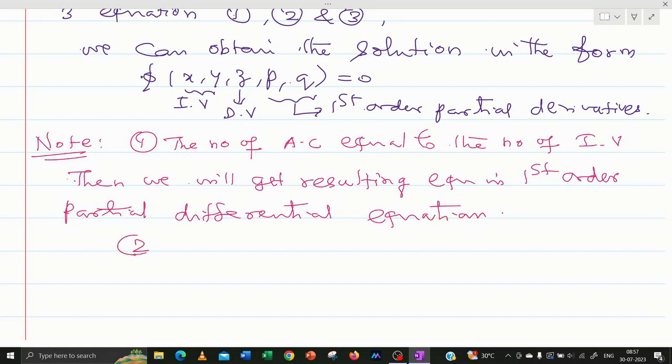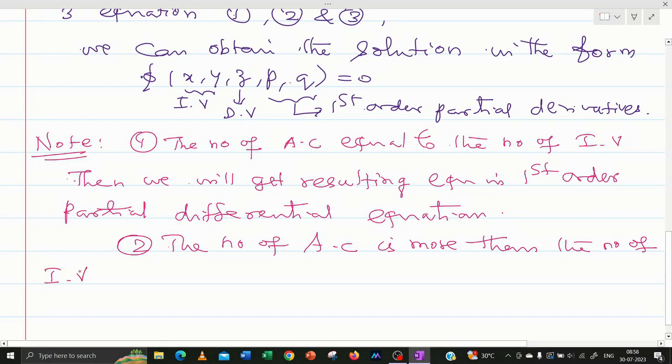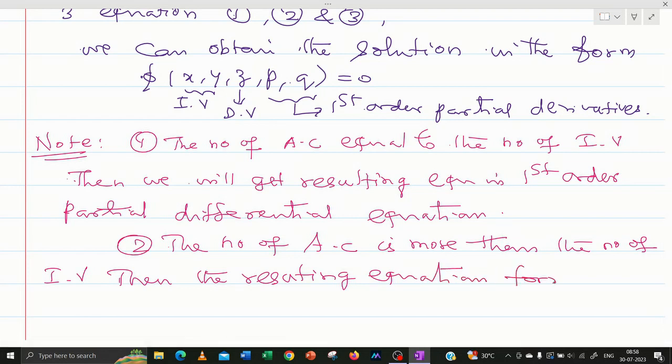Okay. Second note is, in case the number of arbitrary constants is more than the number of independent variables, then the resulting equation will be of second and higher order.